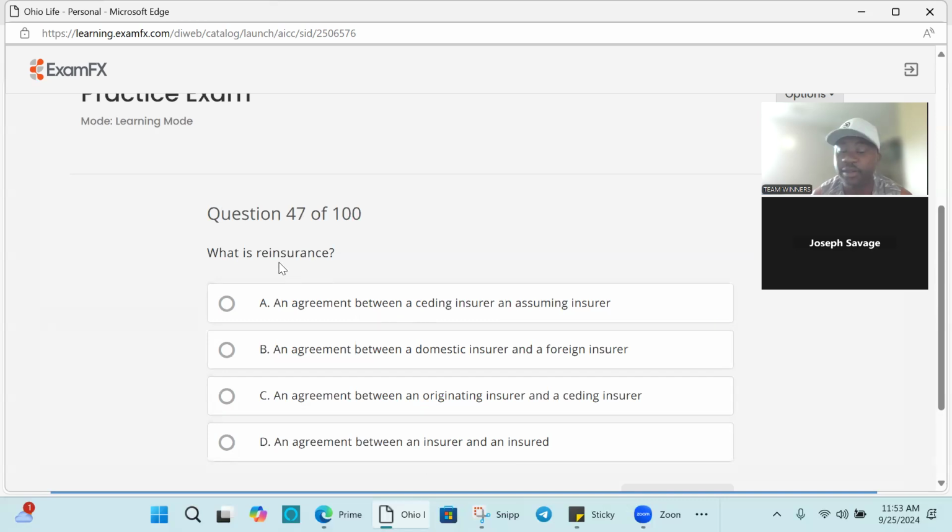I don't know this. It's not D. It's not B. An agreement between a domestic insurer and foreign insurer. That's the best way to approach it. So the answer is A, an originating insurer and the ceding insurer.